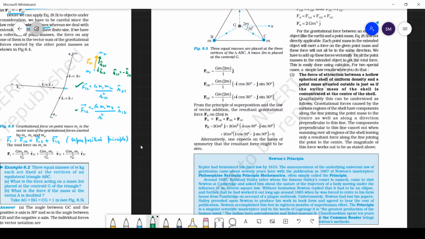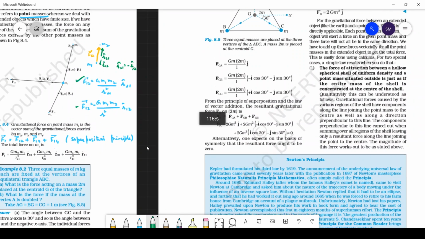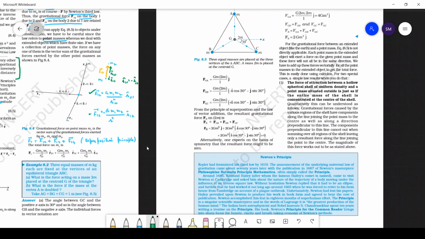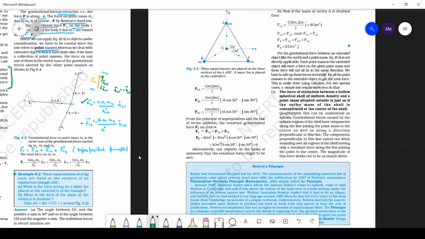So here we have this question. We have three equal masses, M, each fixed at the three vertices of an equilateral triangle ABC.